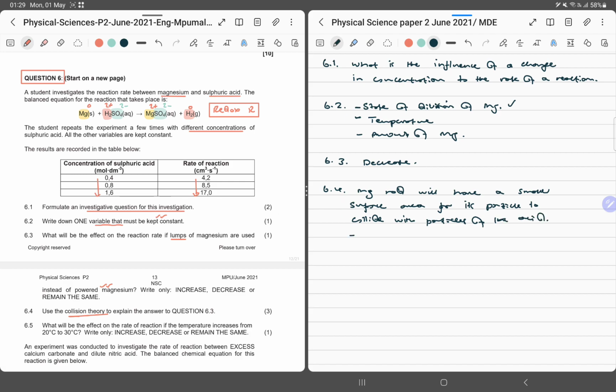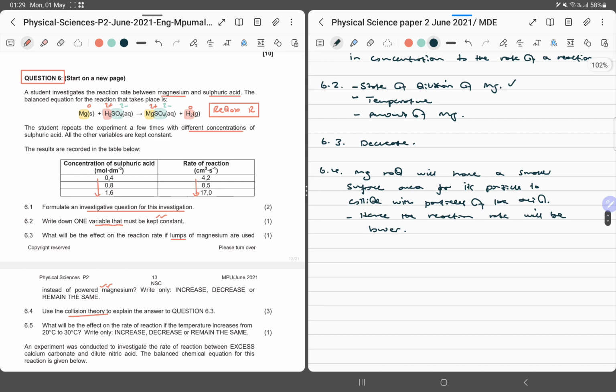Hence, the reaction rate will be lower. So the magnesium rod will have a smaller surface area for its particles, not just particle, to collide effectively with the particles of the acid. Hence, the reaction rate will be lower.